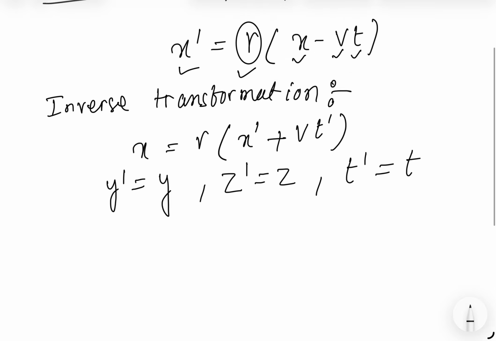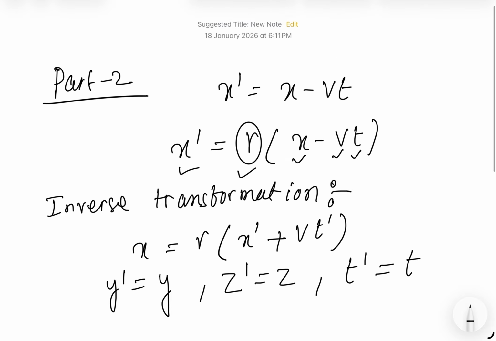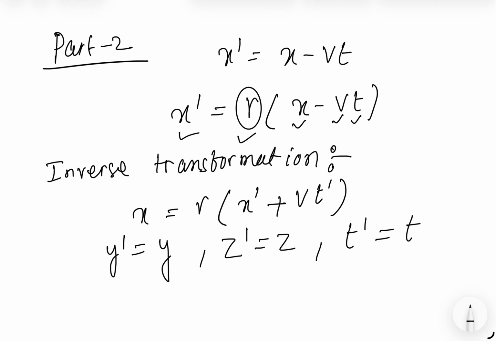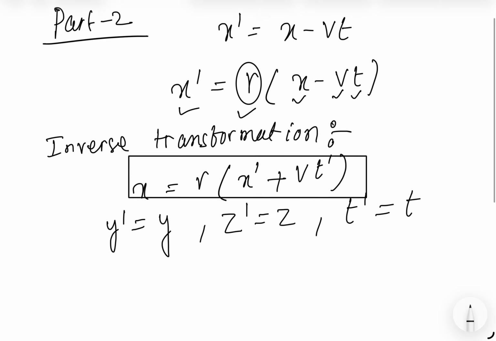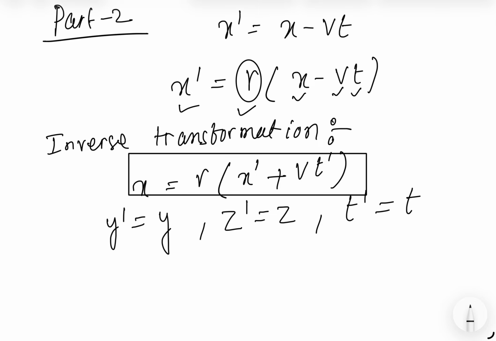Now let us substitute for the value of x that we have written here. In this equation, x equals gamma times x dash plus vt dash. So in place of this x dash we are going to substitute this equation.